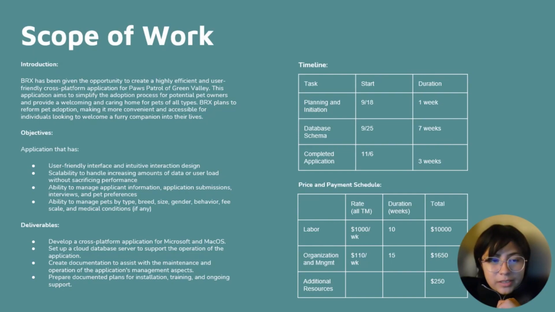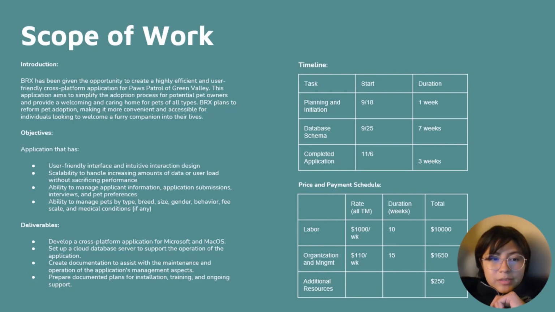A couple of our objectives is that we want it to be really easy to use and for the interface to be very simple and straightforward without being too simple. We also want it to be able to grow with the amount of data and with the amount of users.